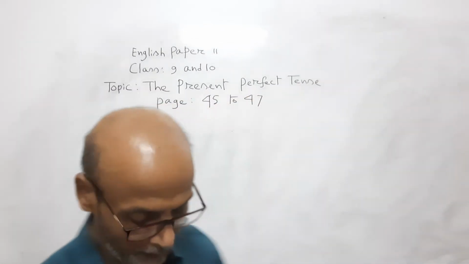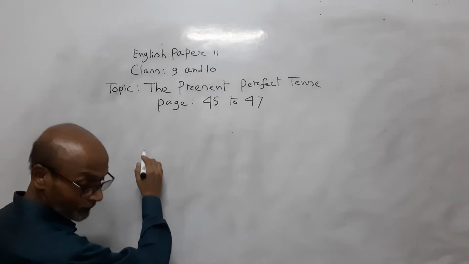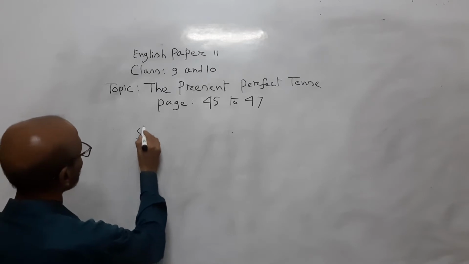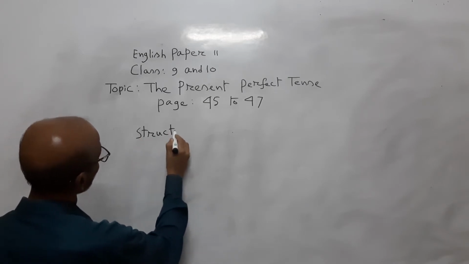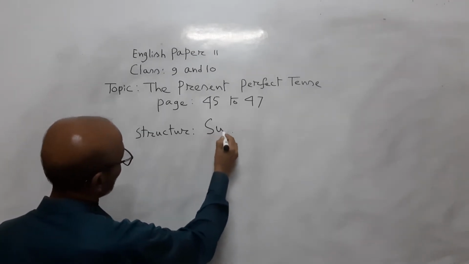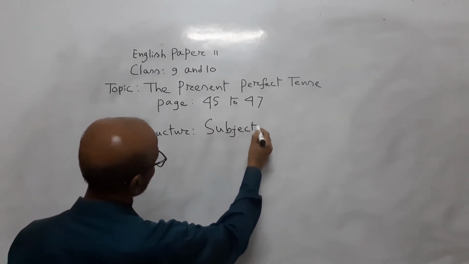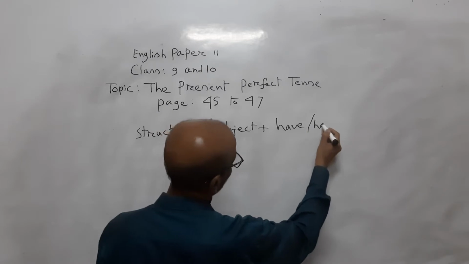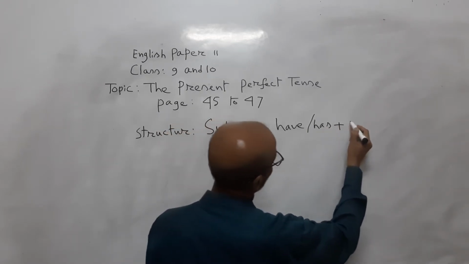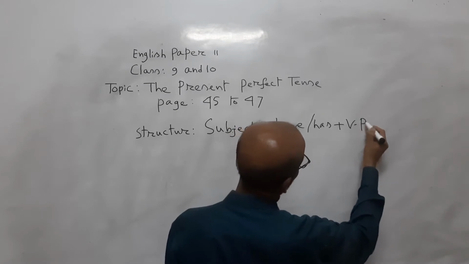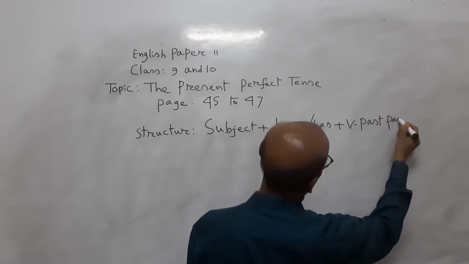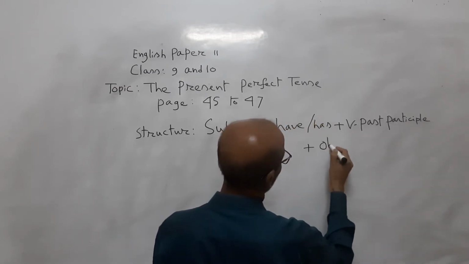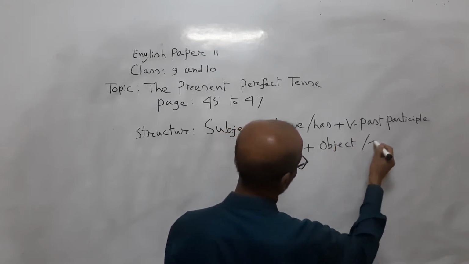In this mini dialogue, the bold words are the uses of present perfect tense. So, the structure is that you have to place subject, then have or has, first participle, plus object, sometimes extension.